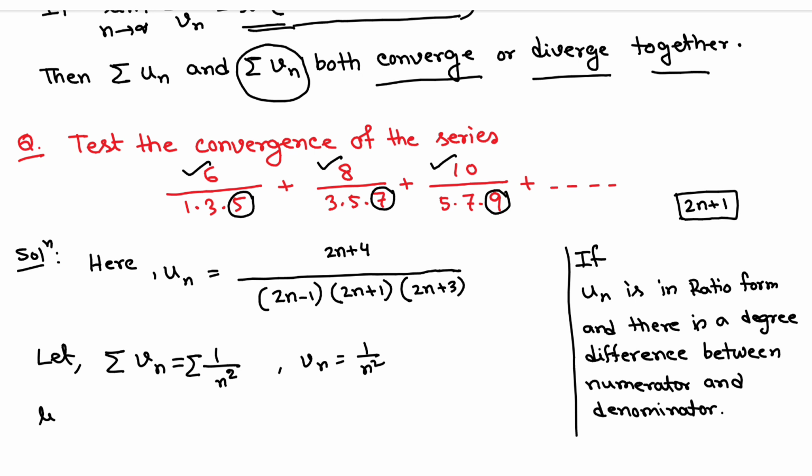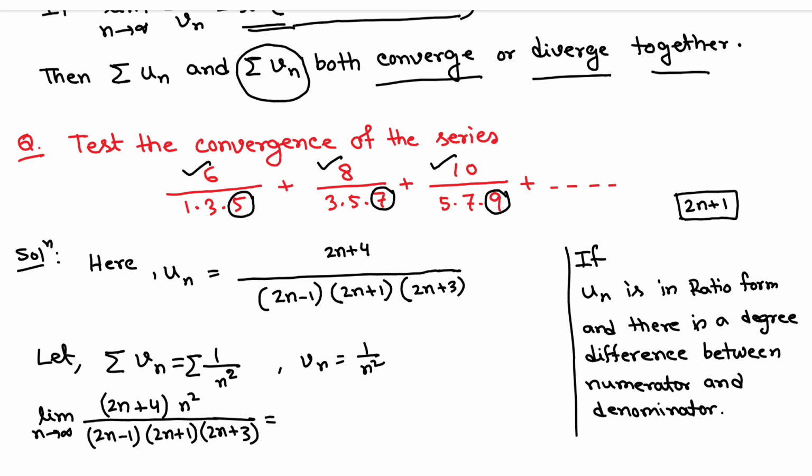Now calculate the limit as n tends to infinity of un by Vn. So un by Vn will be 2n plus 4 divided by 2n minus 1, 2n plus 1 and 2n plus 3, and divided by 1 by n square, so n square will come on the numerator, into n square.